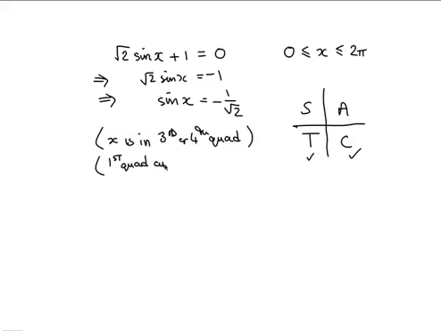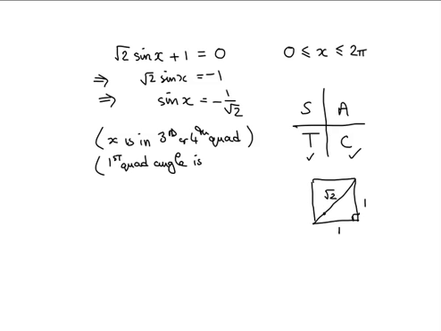So the first quadrant angle is, basically, we're looking for an angle whose sine is 1 upon root 2. Now the diagram that gives us a root 2 is a chopped square. So there's your square, 1, 1, root 2.